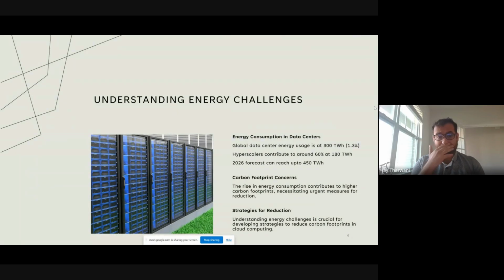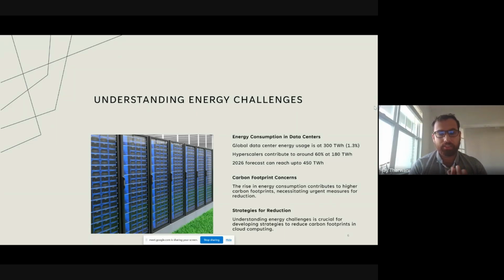Okay, so now that we know the cloud, let's go to what the energy challenges are. You might ask me, hey Jay, we have all these big places, but what are the energy challenges? So, the global energy data usage. As I said, historically these were data centers which have now moved to the cloud, right?